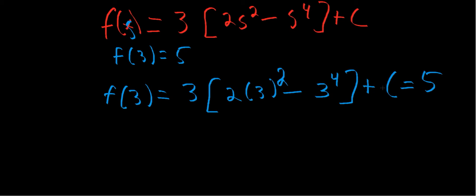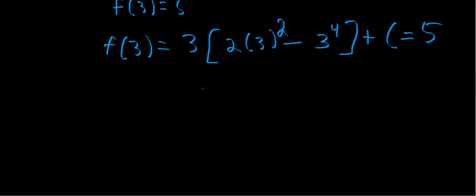Now we just have to simplify all these terms, and we see we only have one unknown, which is c. So 3 times 3 is 9, times 2 is 18, minus 3 to the 4th, which is 81.